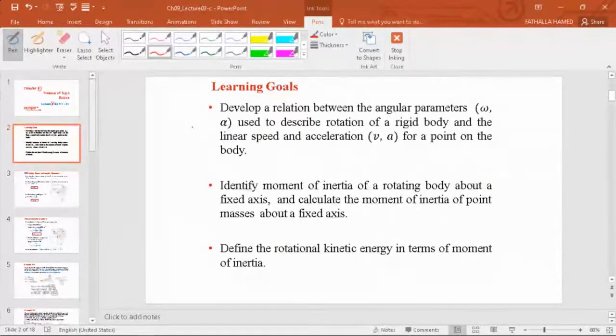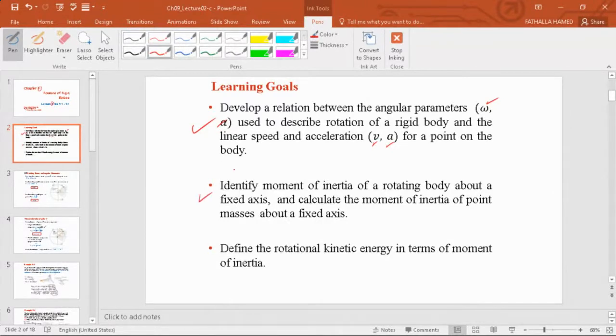The first one: develop the relation between angular parameters, omega and alpha, used to describe rotation of rigid bodies, and the linear speed and acceleration, v and a, for a point on a body.